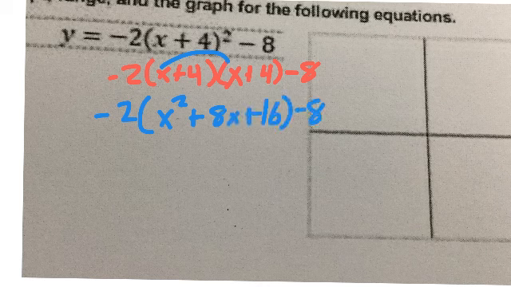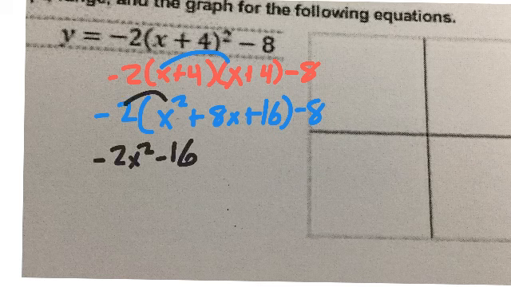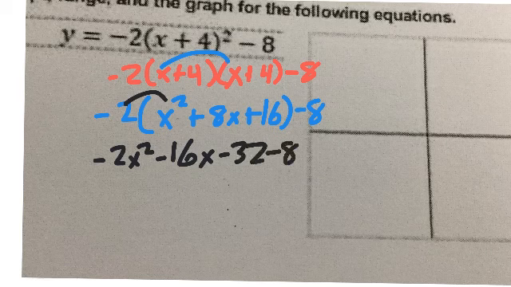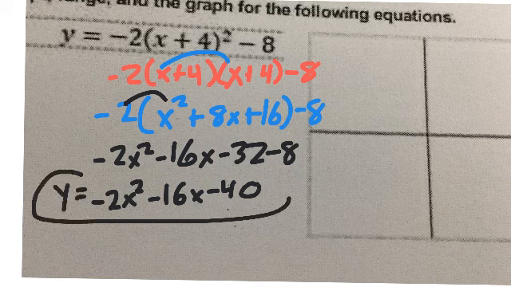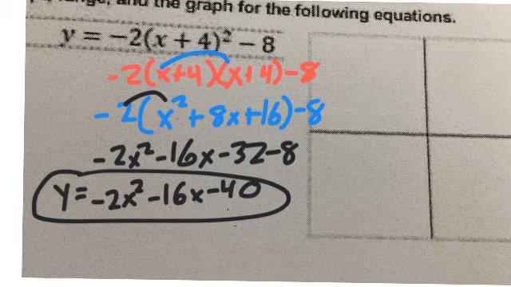Then I distribute the negative 2. That's going to be negative 2x squared minus 16x minus 32 minus 8. And then again, this is negative 2x squared minus 16x minus 40. So that would be the general standard equation for this parabola.